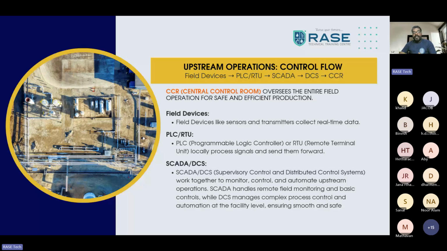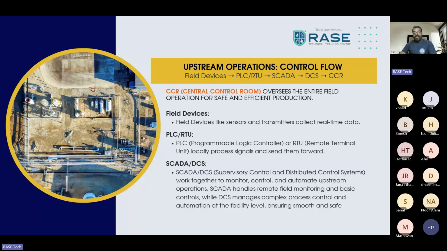See, the field devices take data from the field equipment and field resources, giving data to the RTU or PLC. The RTU takes this data and signal properly, but the RTU cannot be visible. The RTU only saves the data inside the RTU unit.